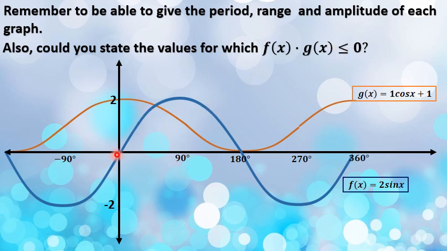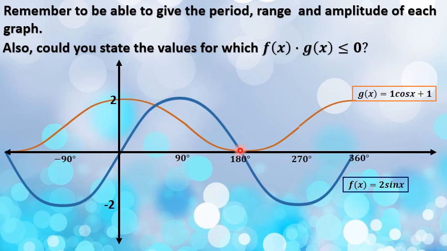Then do you agree that all the way from 0 to 180 degrees, blue and orange lie above the x-axis? And so the product of these y values over here would give you a positive answer. So if the inequality faced the other direction, that would be our interval answer right there, 0 to 180. But because we're looking for where the product would give us a negative value, we want to look where orange and blue are on opposite sides of the x-axis.